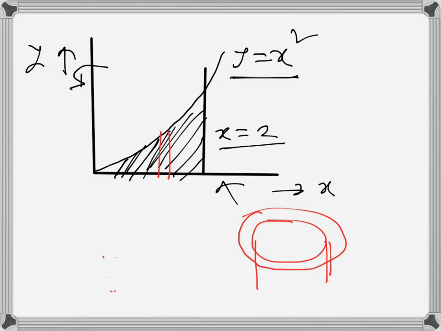The cylindrical shell thickness is dx, the height is f(x), and the radius is x. That's what it was in the previous problem. Since it's like a washer, each of the sections will have a hole inside.